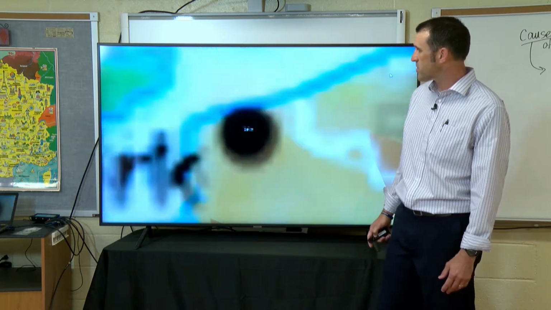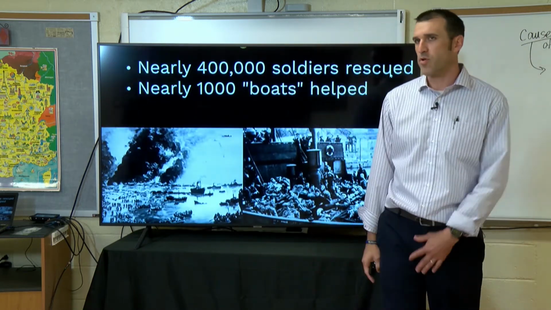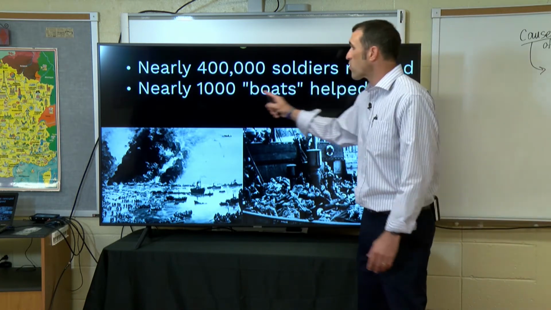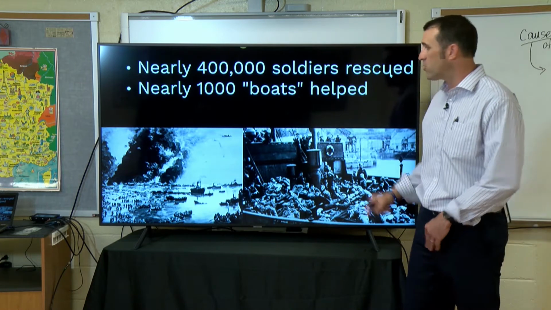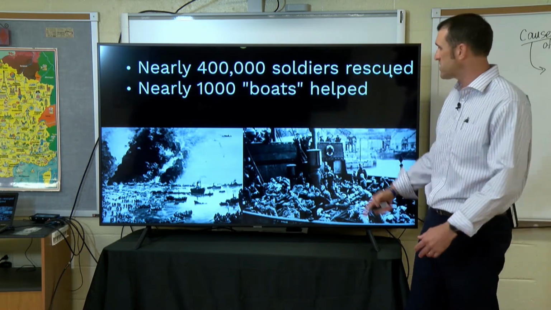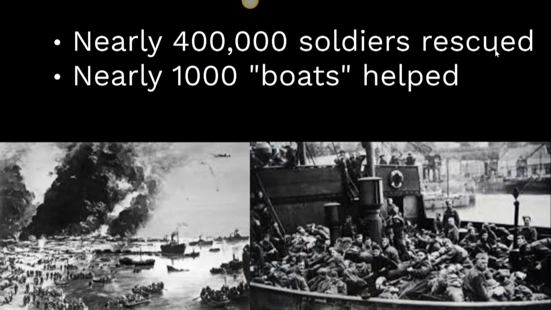And it was there at Dunkirk that nearly 400,000 soldiers were trapped on the beaches. And they were rescued across the English Channel, nearly 1,000 boats, and I put boats in quotation because, yes, there were some military boats, but any seaworthy vessel, fishing ship, cargo ship, whatever people had, began to rescue these soldiers from the coastline.